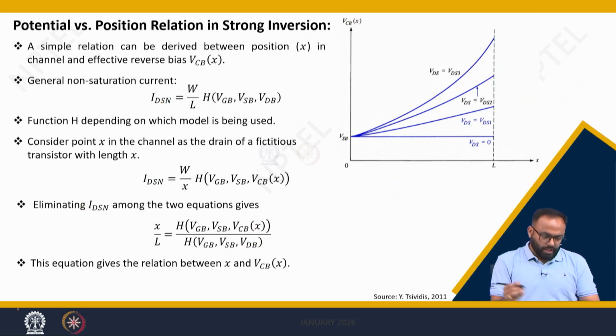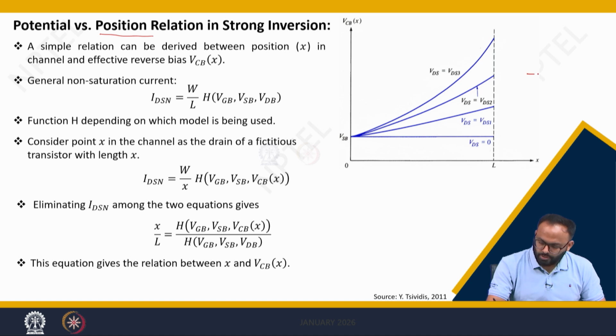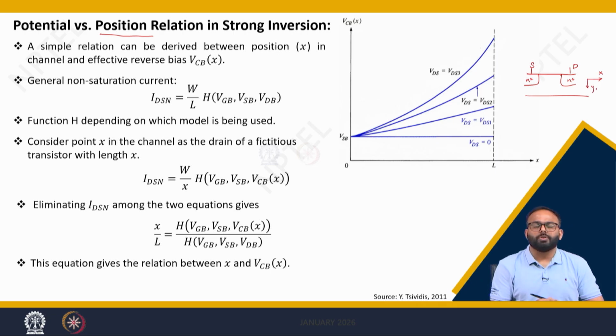Okay, so let's see how we can relate the potential along the position in the x direction. This is our MOSFET, this is N plus, this is drain, this is source, this direction is x and this is y. So we wish to relate the potential along x with respect to x. We have already plotted this graph earlier.